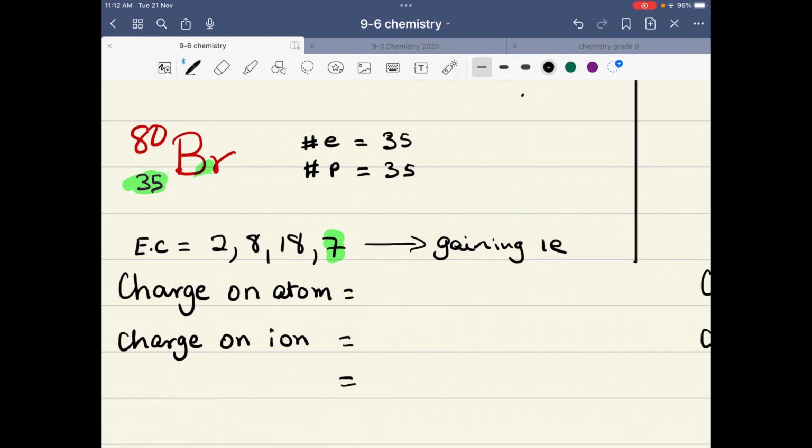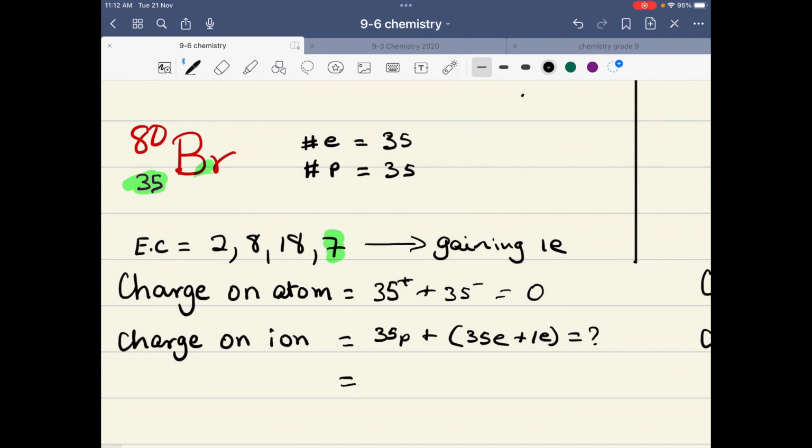Now look at the charge on the atom. The charge on the atom is 35 protons plus 35 electrons, which is 35 minus, giving an overall charge of 0. So let's look at the ion now. You still have 35 protons and 35 electrons, plus you're going to add one more electron.